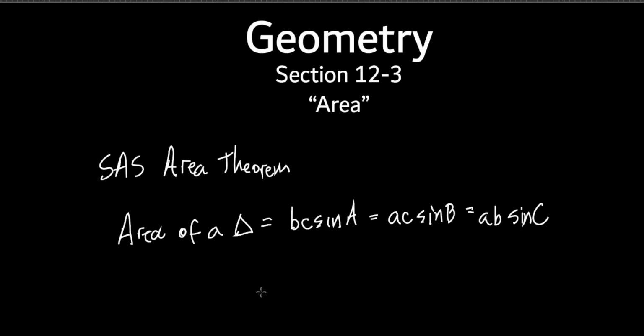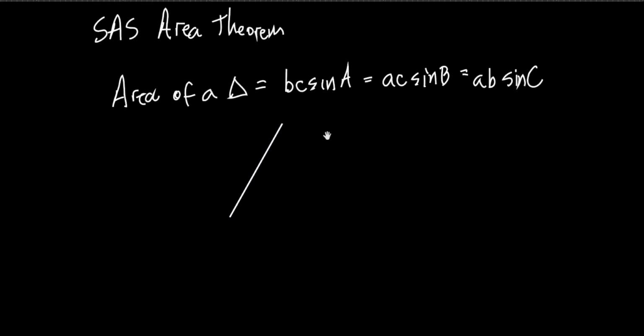So let's draw a triangle. This isn't really the example, but let's scooch it up a little bit. Yeah, I'm trying to make it not look like a right triangle. That's pretty good right there, I guess.